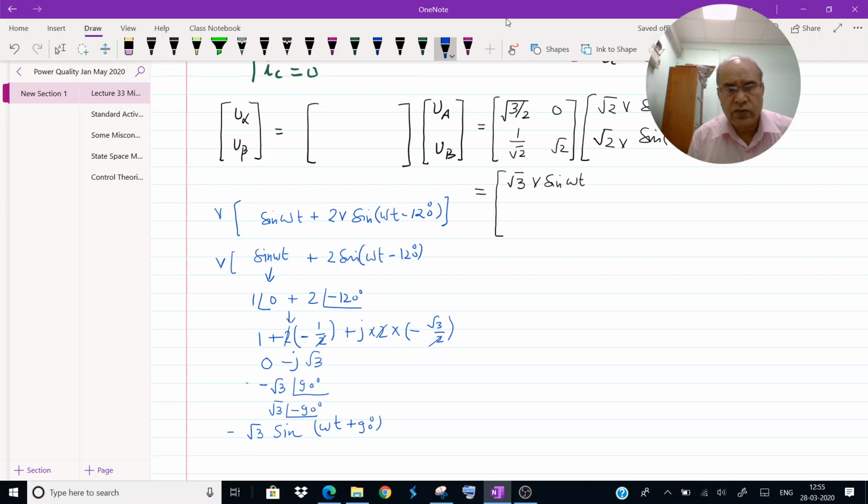If I take the first one into time domain, this expression becomes nothing but minus root 3 cos of omega t. So if you simplify this term, it becomes minus root 3 b cos omega t.